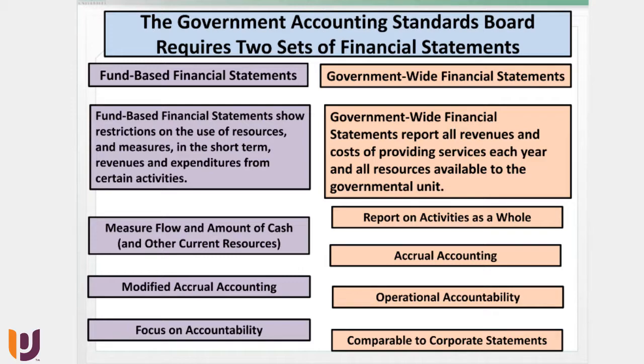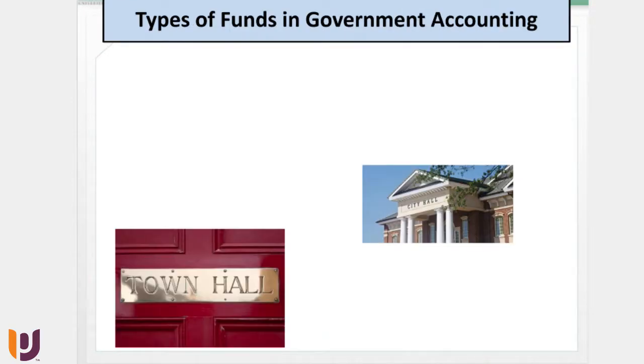Fund-based financial statements focus on specific activities. The primary measurement focuses on the flow and amount of current resources. They utilize modified accrual accounting. Fund-based financial statements assess fiscal accountability.